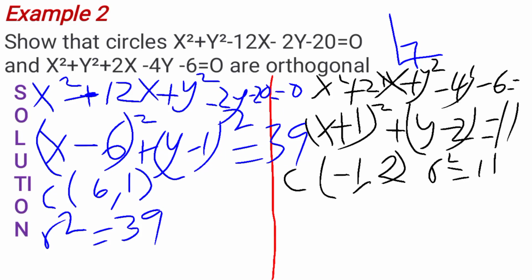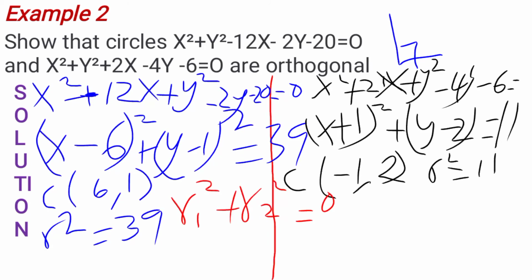Remember, our formula was r1 squared plus r2 squared is equivalent to OA squared.